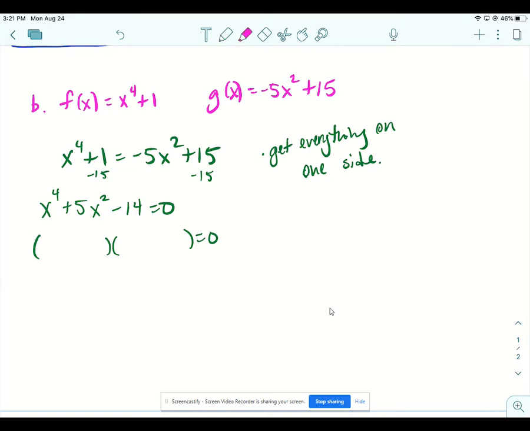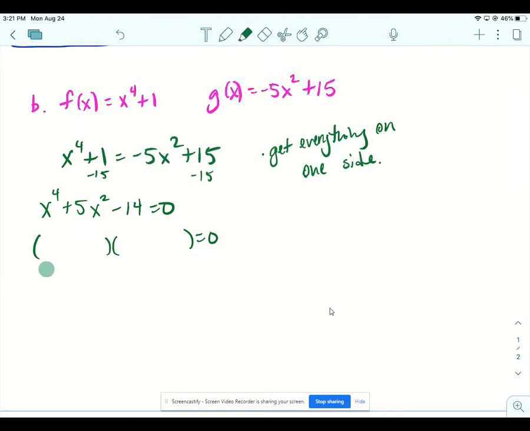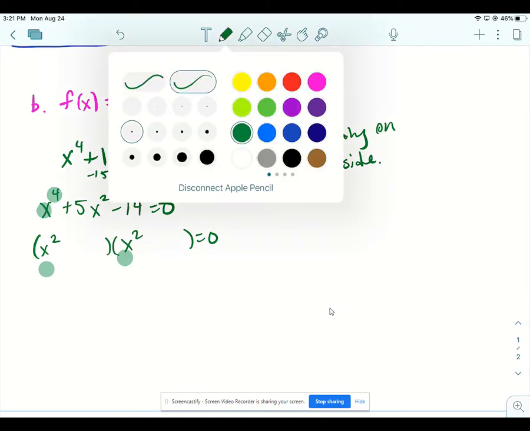All right, and then what we put here and here are going to need to multiply to give us x to the fourth. So that is going to be x squared and x squared. It's really the only thing different about factoring it than a regular quadratic. Everything else is going to be the same.